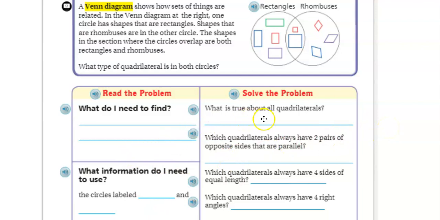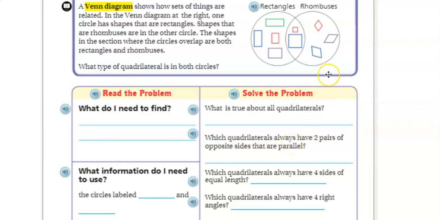What is true about all quadrilaterals? So you think to yourself, what is the definition of a quadrilateral? Well, they have to have 4 sides and 4 angles. That's it. Then, which quadrilaterals always have 2 pairs of opposite sides that are parallel?